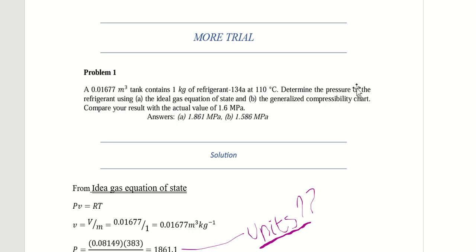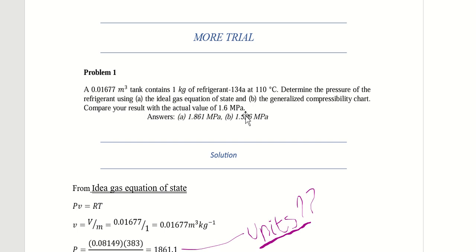Determine the pressure of the refrigerant using the ideal gas equation of state and the generalized compressibility chart. Compare your results with the actual value of 1.6 megapascals. So the answers are right here, and we're going to go through the steps and see whether we get something related to these answers.